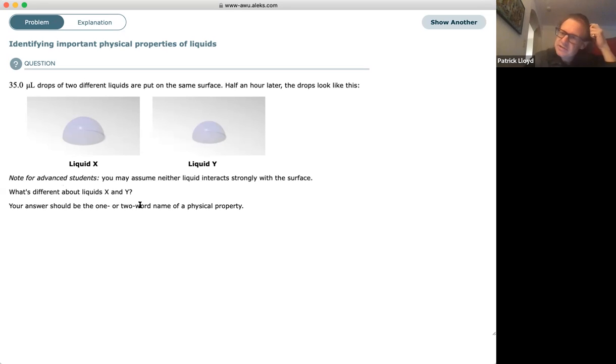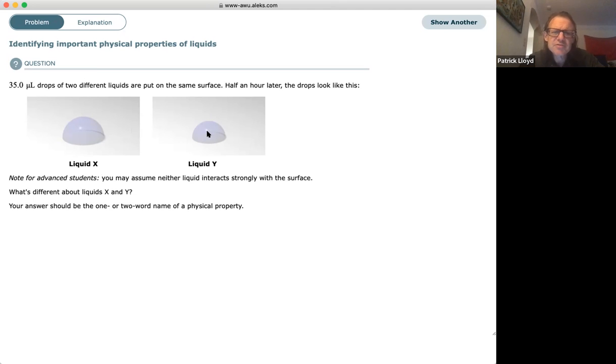The ones that are in this section are density, viscosity, vapor pressure, and surface tension. Those are all 1 or 2 words. So for this one, if you recall our discussion from the previous lecture, we talked about vapor pressure and evaporation and boiling point and heat of vaporization.